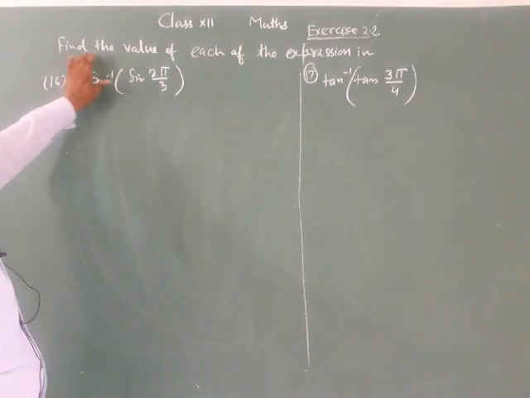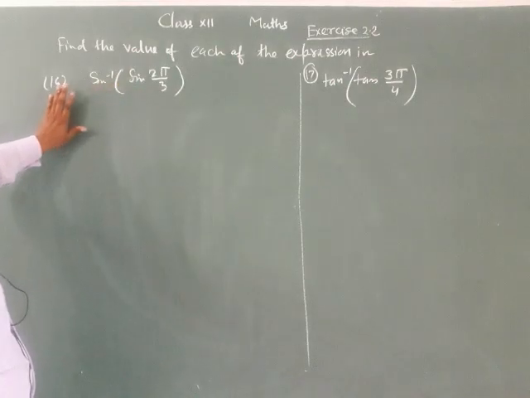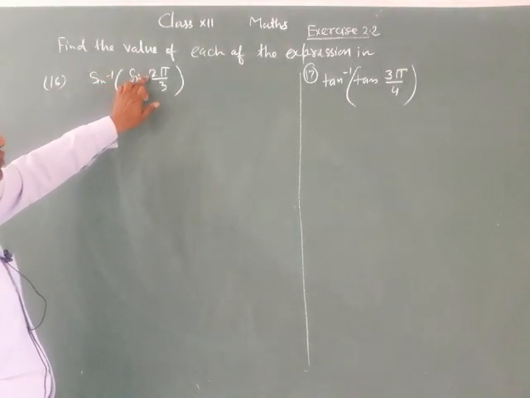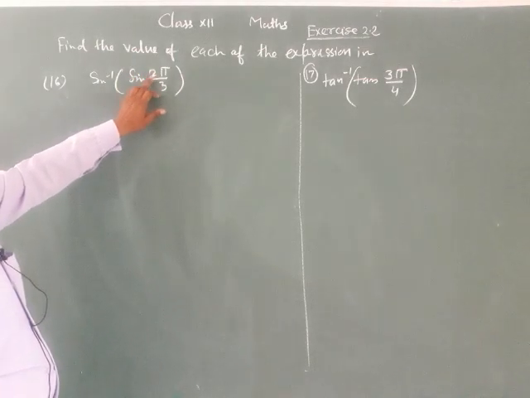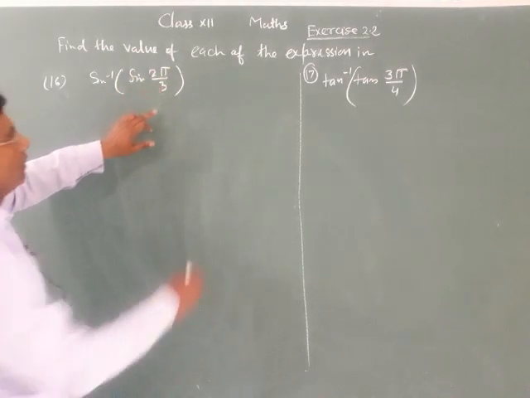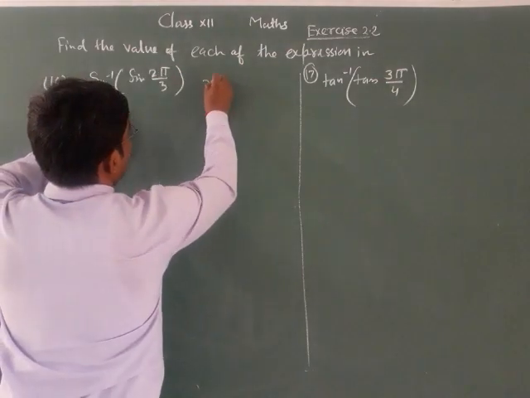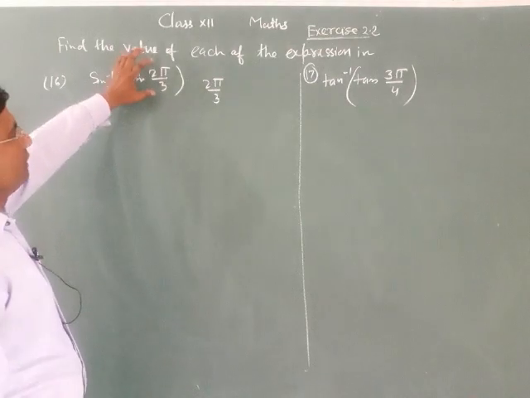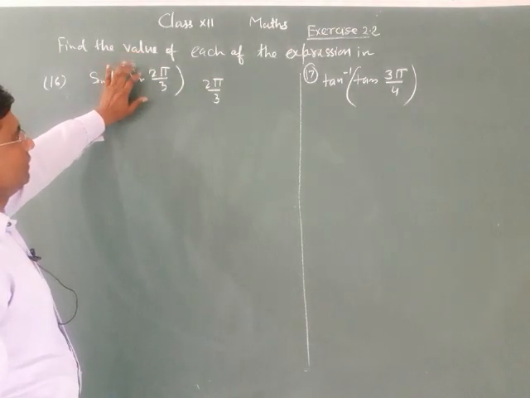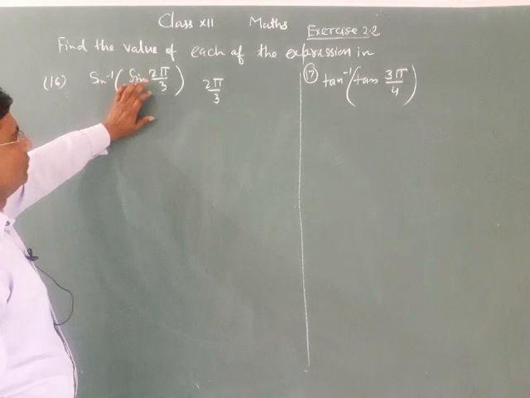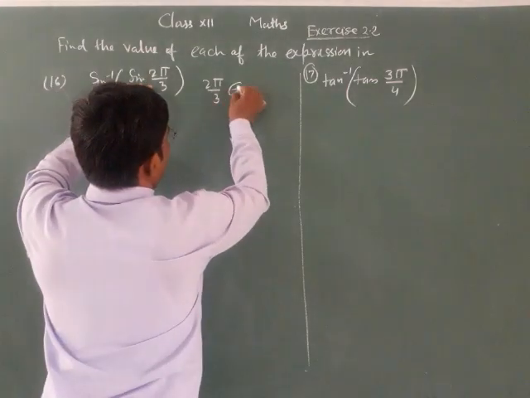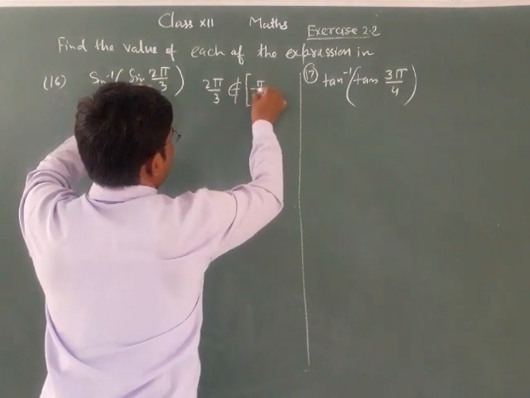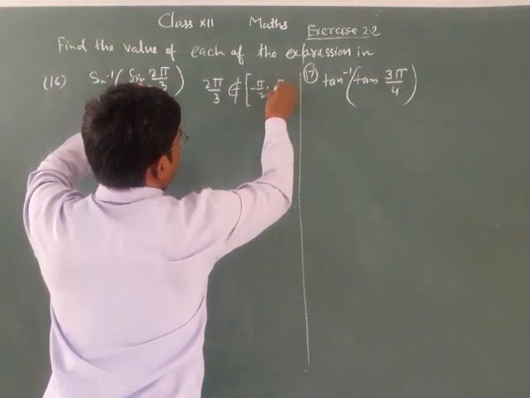Question number 16. Find the value of each expression. So 16. Sin inverse in bracket sin 2 pi by 3. So 2 pi by 3, range of sin inverse sin, so it does not belong to minus pi by 2, pi by 2.